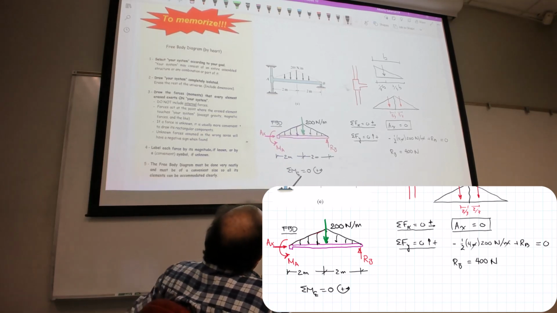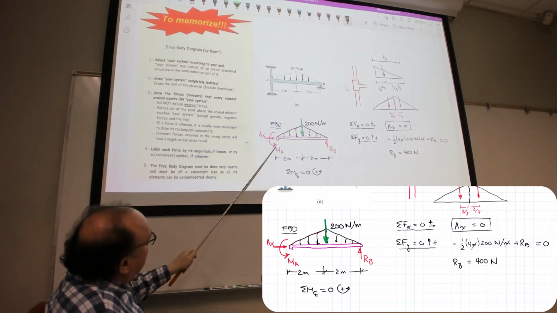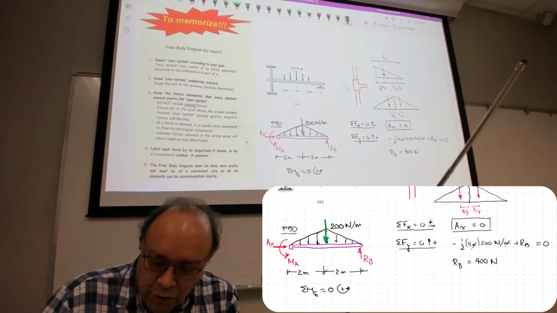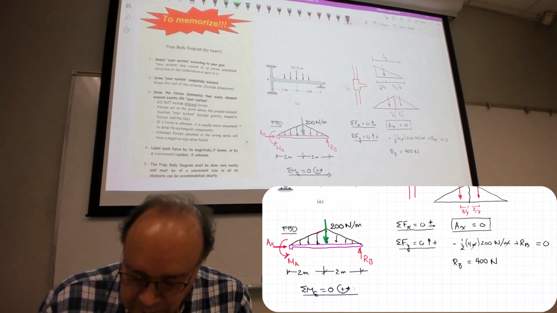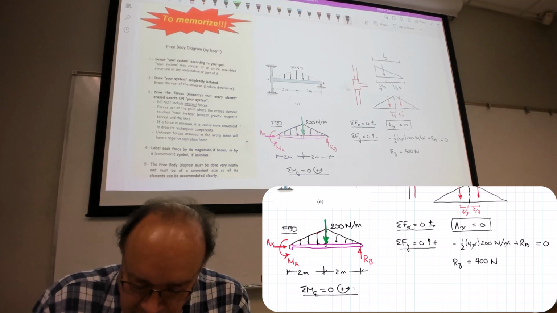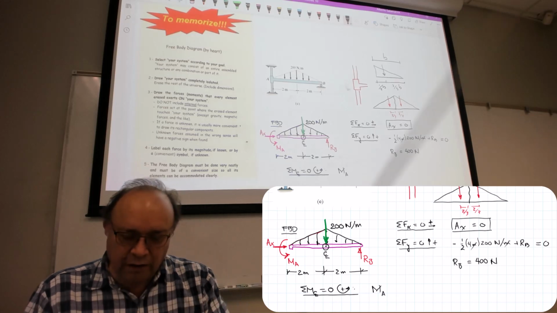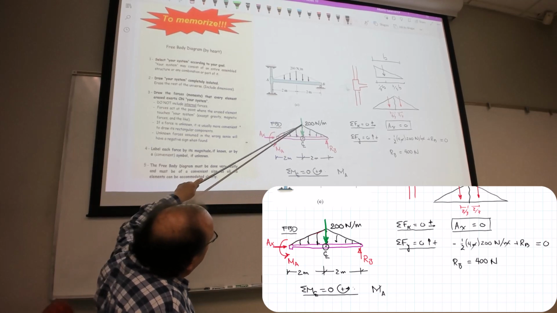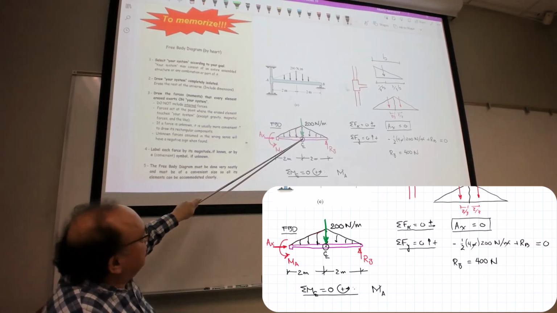So okay, summation of moments about this point. M sub A positive, and I put here the underline. This is what I call the center line. Moment sub A. This force doesn't produce moment, right? Because it goes through the point.